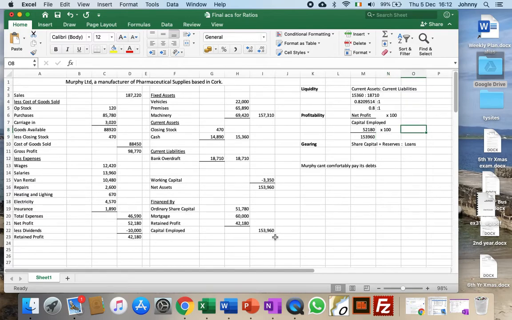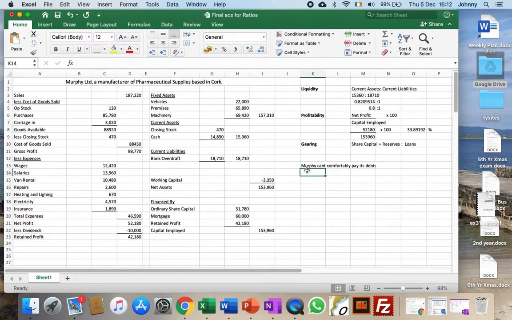When we do the maths for this, I'm going to turn it into a percentage. The profit is 52,180. I'm going to divide that by the 153,960 and multiply the answer by 100. So you get 33%. If I put that money into a bank, I would have ended up getting about 2 or 3%. So that's actually a really good return.